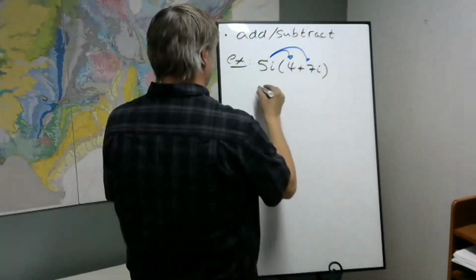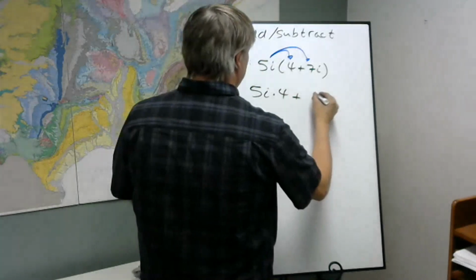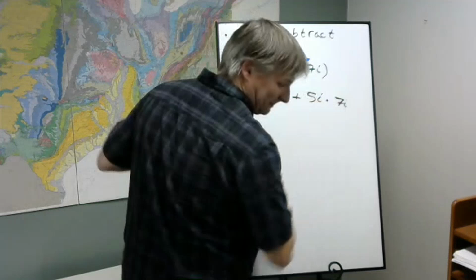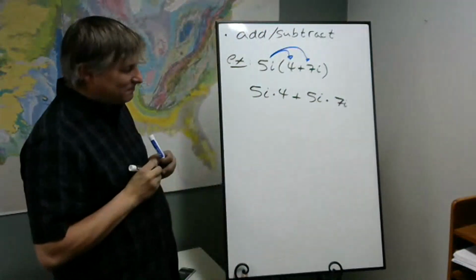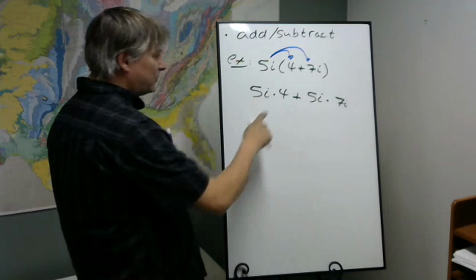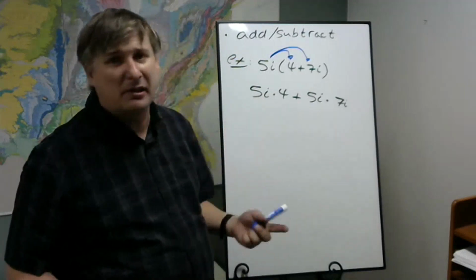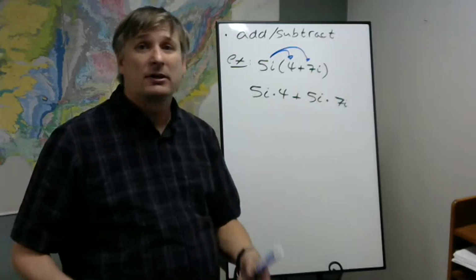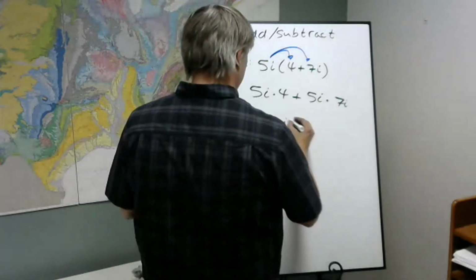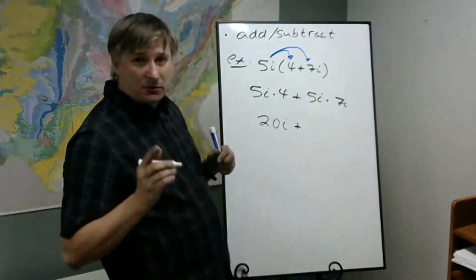So we'll get 5i times 4 plus 5i times 7i. Now 5x times 4 is 20x. Same thing here, 5i times 4 is 20i. Now this one, 5 times 7 is 35.